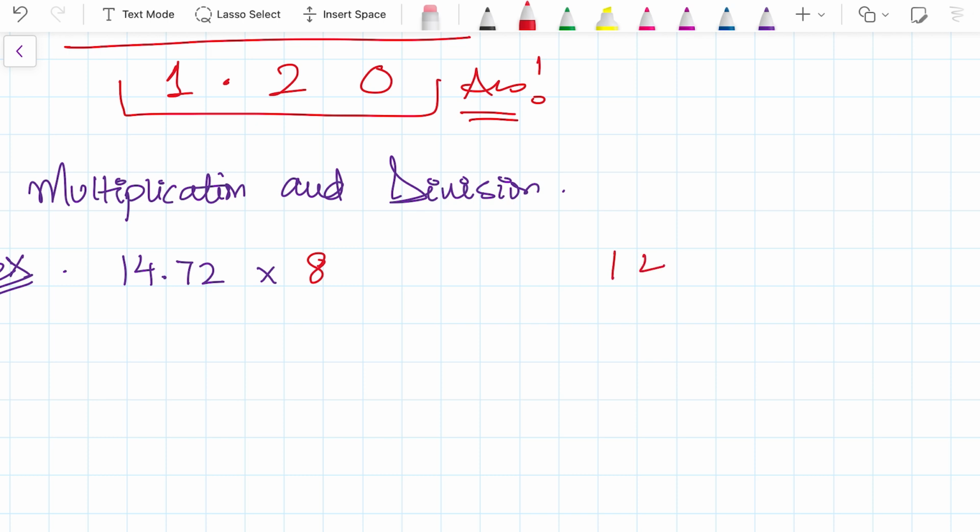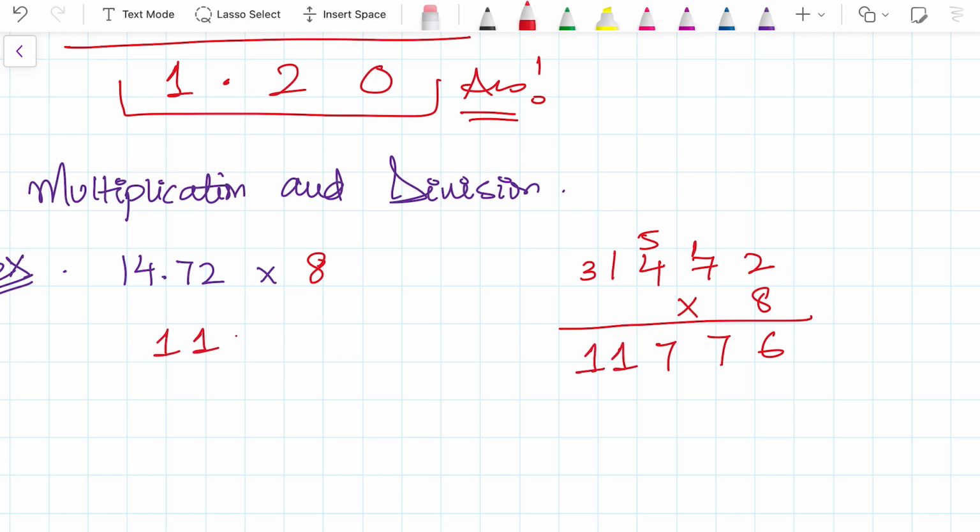We've removed the decimal. We just write the numbers and we multiply by 8. 8 times 7 is a 56 plus 1 is a 57. 8 times 4 is a 32. 32 plus 5 is a 37. 8 times 1 is an 8, 9, 10, 11. So it's 11776. Now move 2 decimals back.